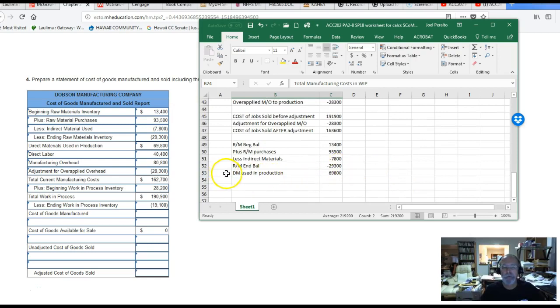Now let's pull out, so we have our direct materials used in production. That's this amount here. Let's add our direct labor of 40,400 and our manufacturing overhead applied.